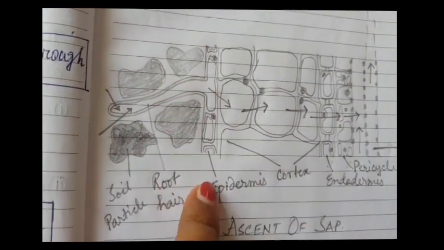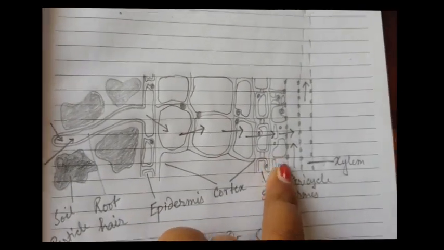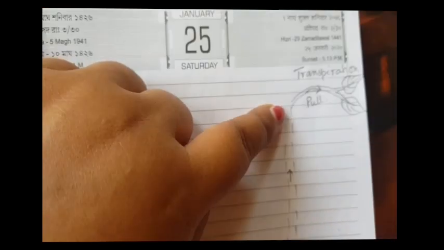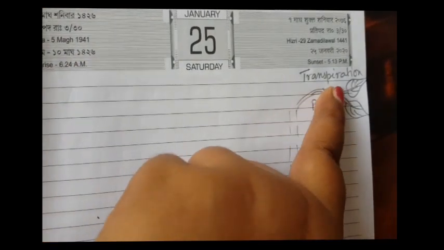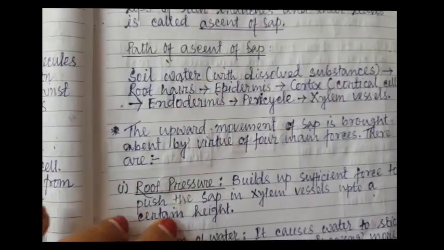From here you see it has passed the epidermis, the cortical cells, endodermis, pericycle, and ultimately it has reached the xylem. Through the xylem column the water rises up and it goes out through the leaves by the process of transpiration. Now, to understand the process of ascent of sap, let's read in detail.